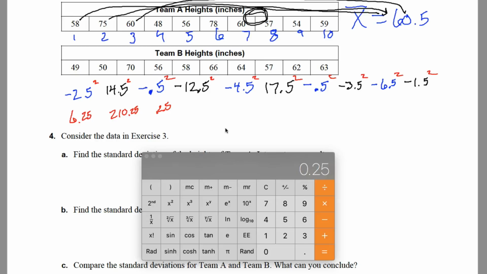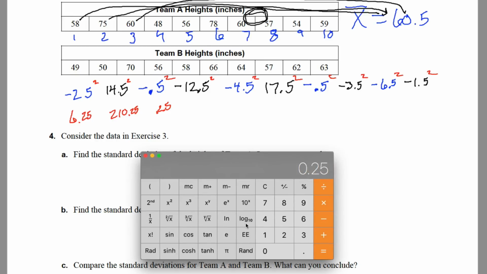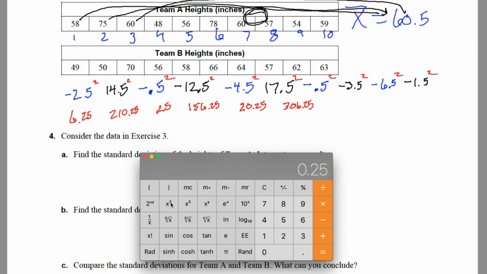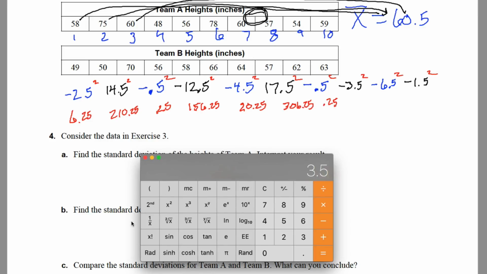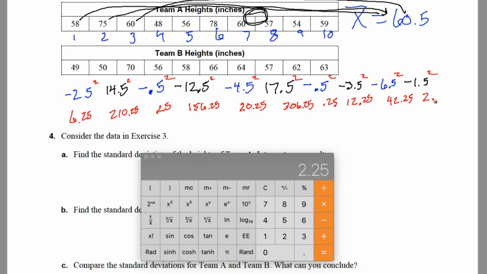I'll just fast forward through this. I'm just squaring each one of them. And there we have all the numbers squared. So I just did negative 2.5 times negative 2.5, 14.5 squared, negative 0.5 squared.